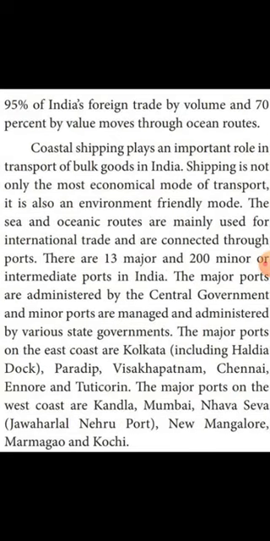The oceanic routes play an important role in the transport system and in the sector of India's economy. Among India's foreign trade, 95% by volume and 70% by value is moved through these oceanic routes.